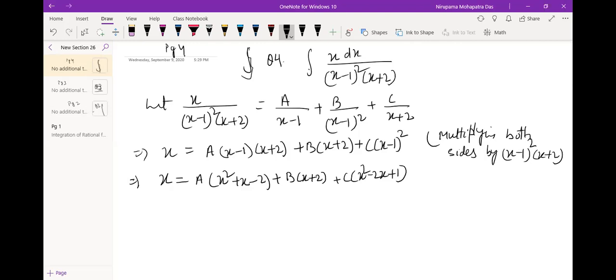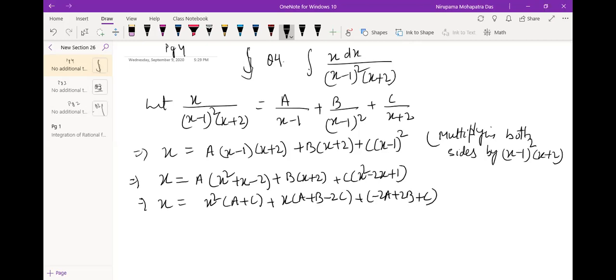So this implies x equal to x square into (a plus c) plus x into (a plus b minus 2c) plus (minus 2a plus 2b plus c).